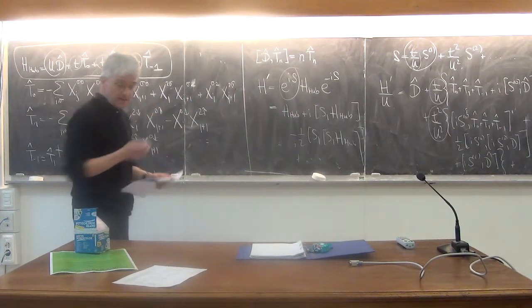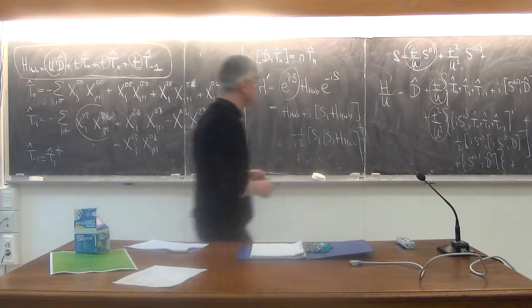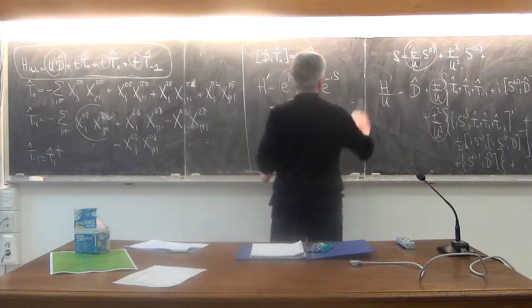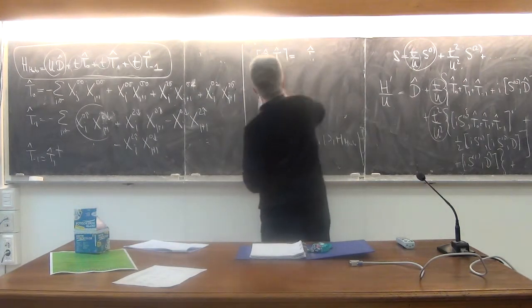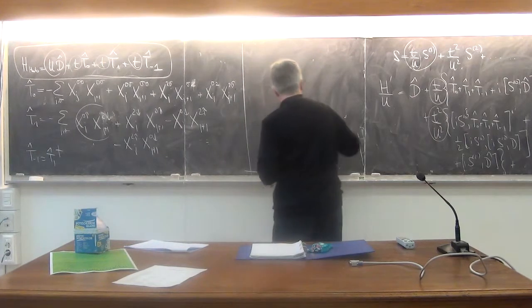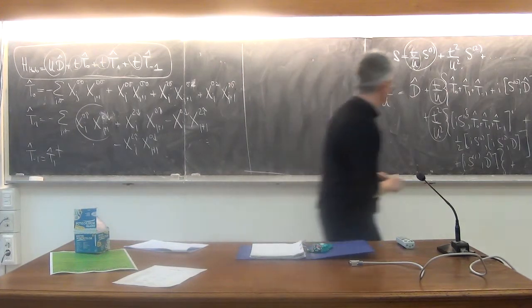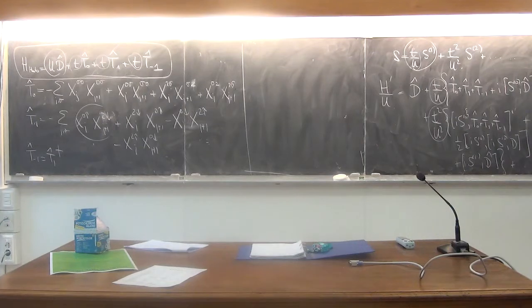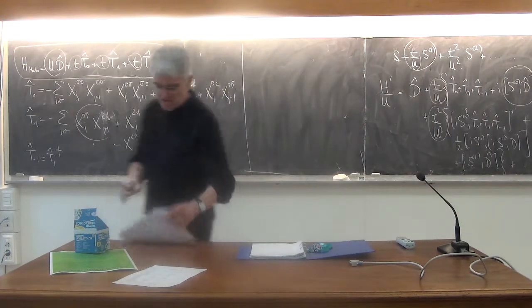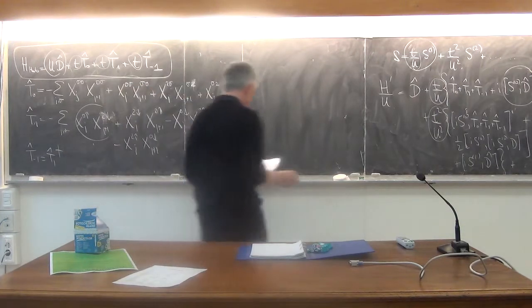And now comes the point. What we want to do here is choose S naught in such a way that this commutator precisely cancels these two terms which I don't like. And you can basically read this off.